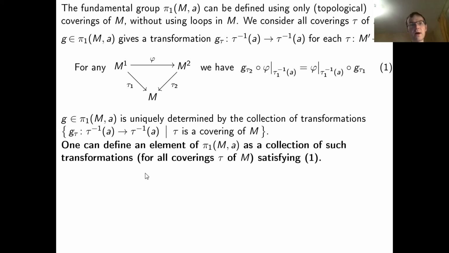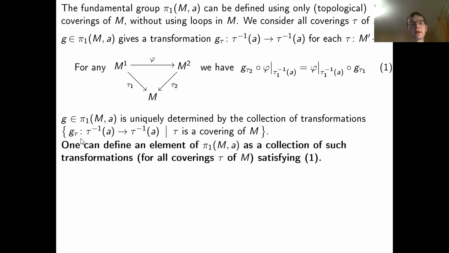Now, what is important for us is that any element G of the fundamental group is uniquely determined by the following collection of transformations. We consider all coverings tau of M, and for each covering tau, we consider the corresponding transformation G tau of the fiber.